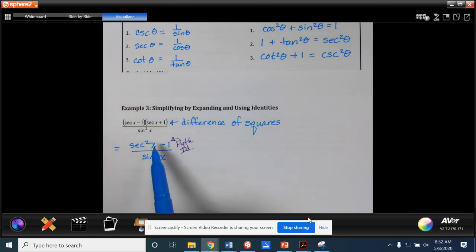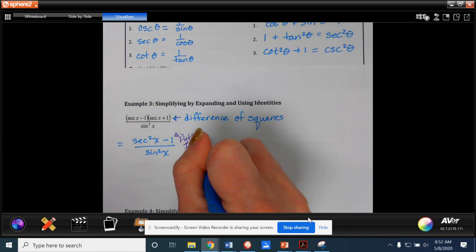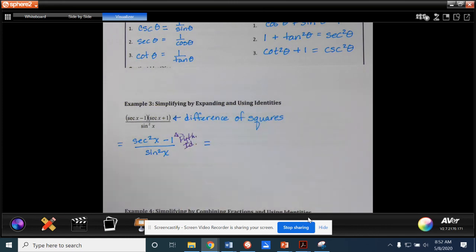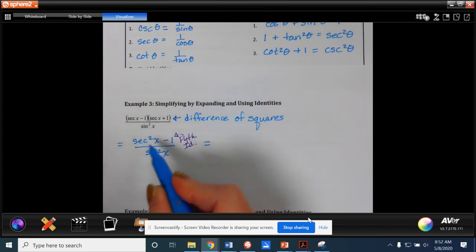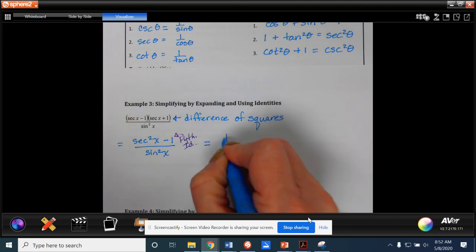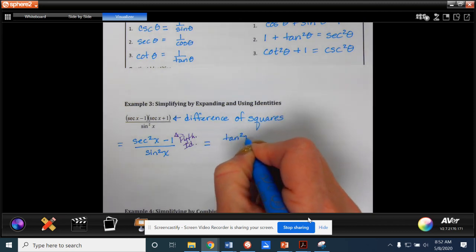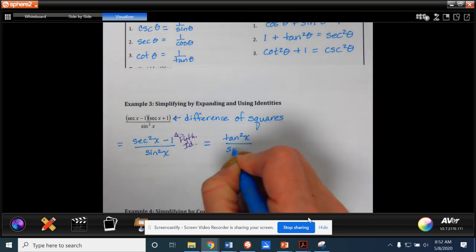It doesn't matter the variable, or if you use theta, a Greek letter, or if you use the variable x, it means the same thing. The basic identity is still there. Well, that would be tangent squared. So I'm going to have that as tangent squared x over sine squared x.